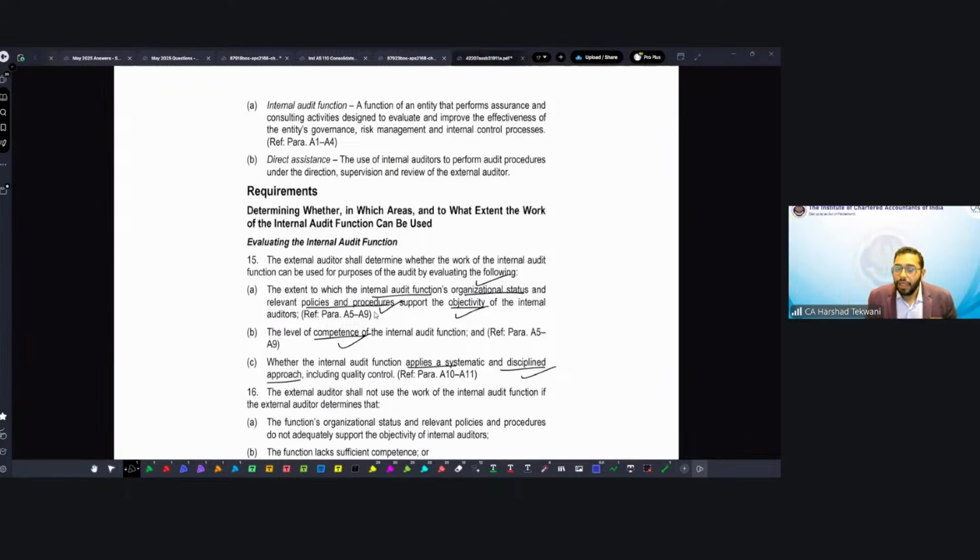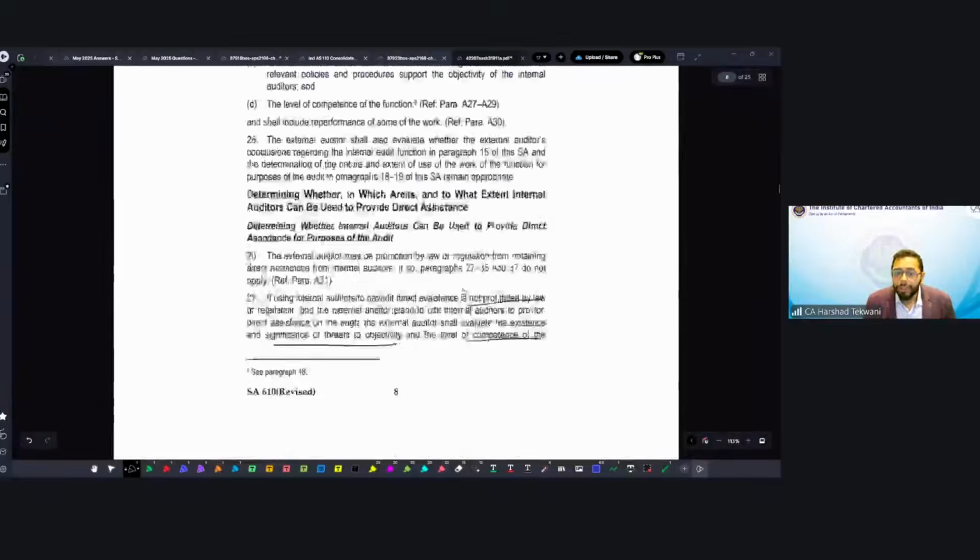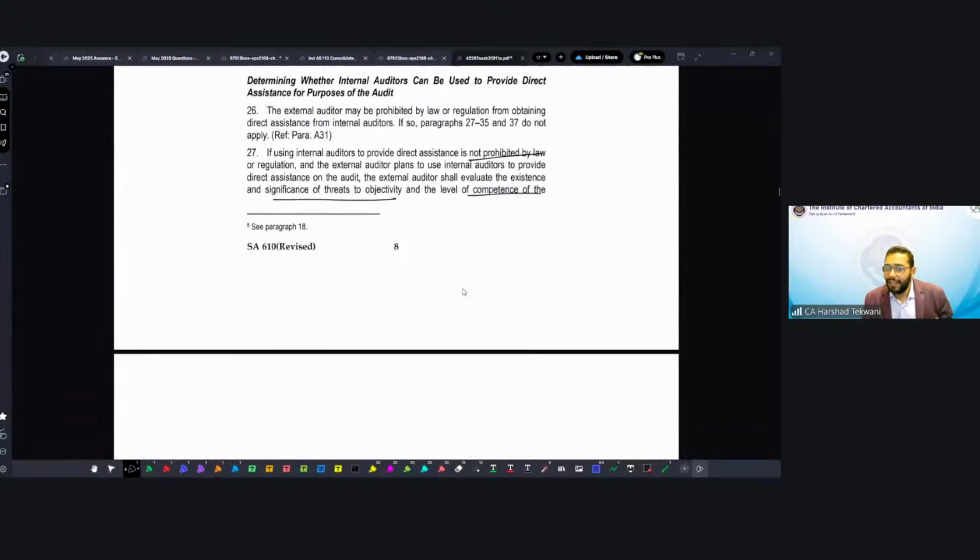When you verify, is there any threat to objectivity? Is there any issue with competency? Because if there is a threat to objectivity, or an issue with the level of competency, then you are not allowed to employ the internal auditor even for direct assistance.